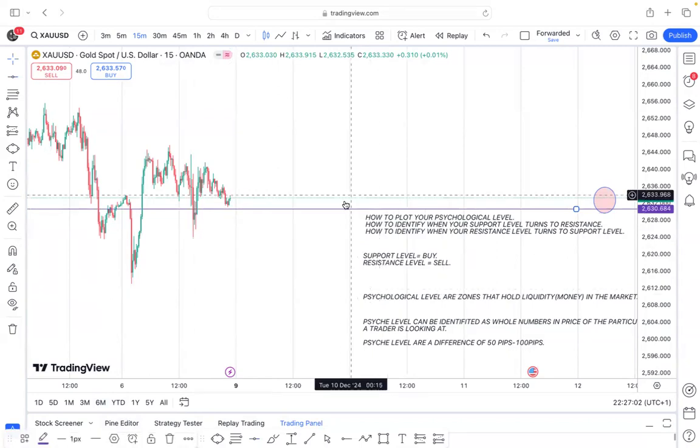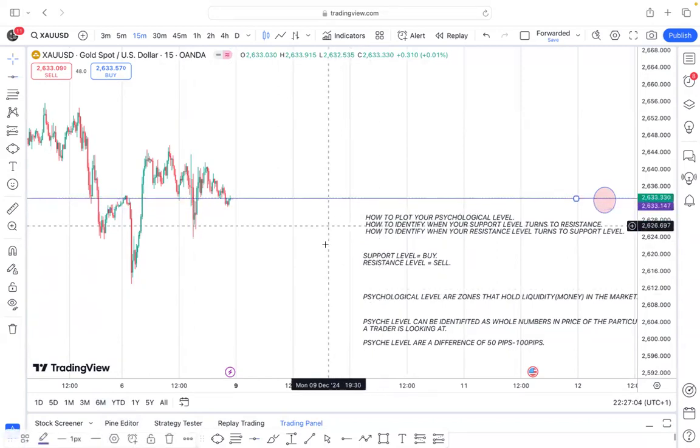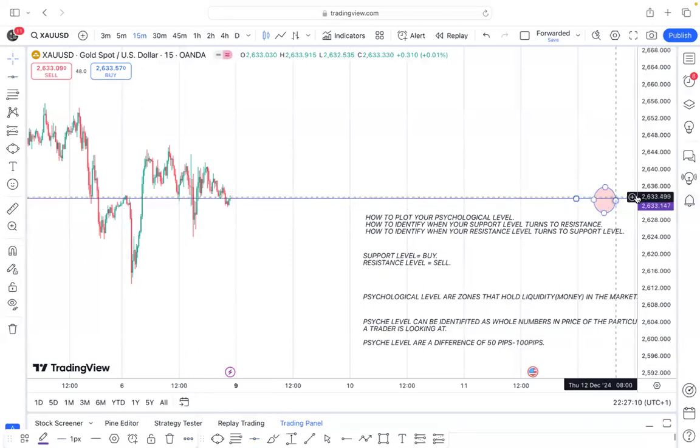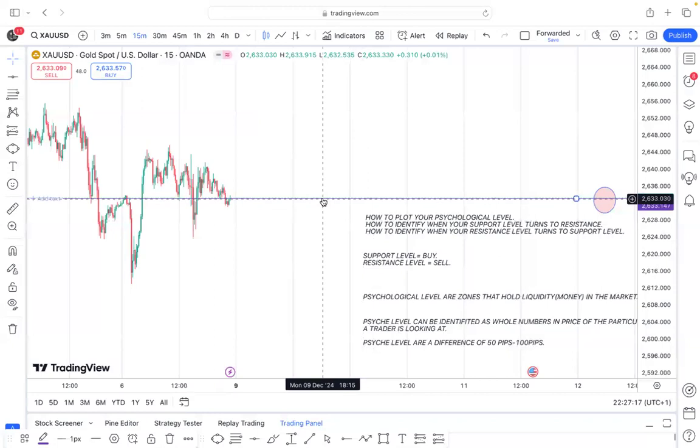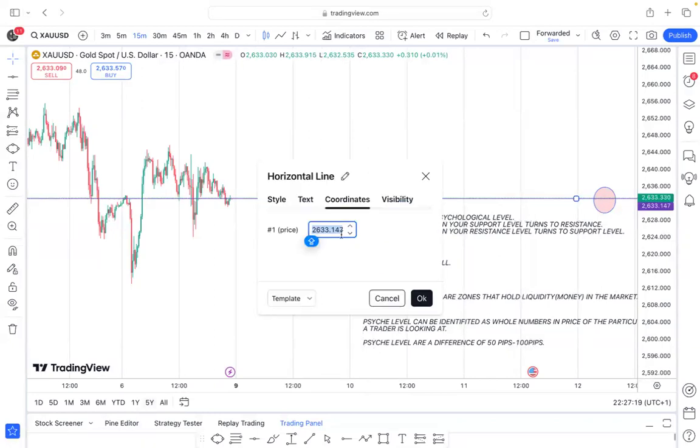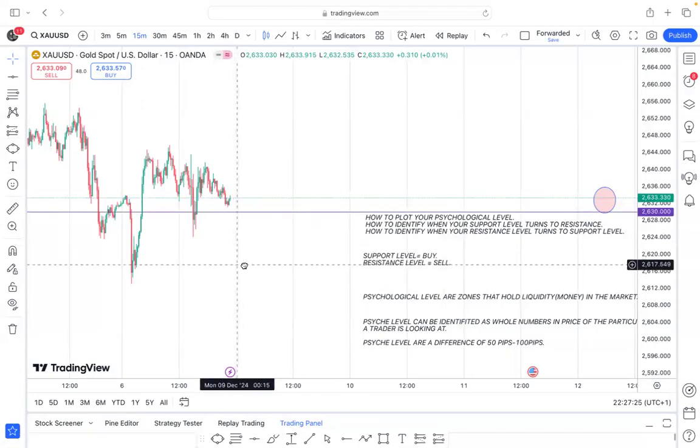So now, what is the whole number of this current price? Let's say the current price is 2603.33. The whole number of that is going to be 2603.00, so that our psychological level will be 2603.00. Now, that's where our psychological level is.